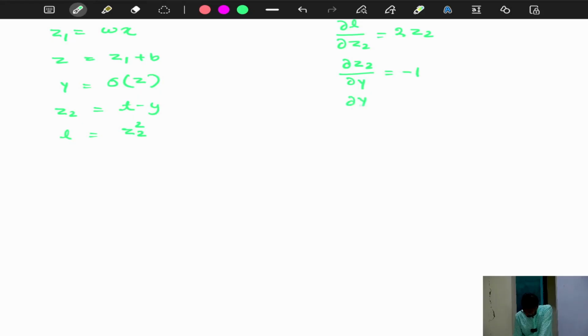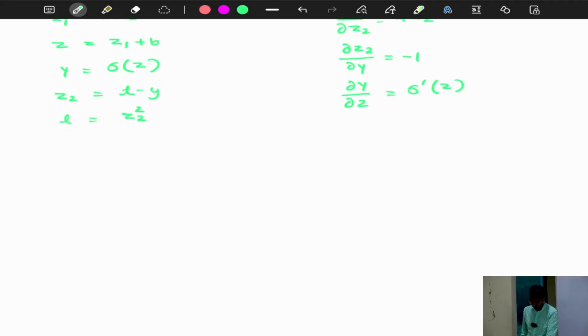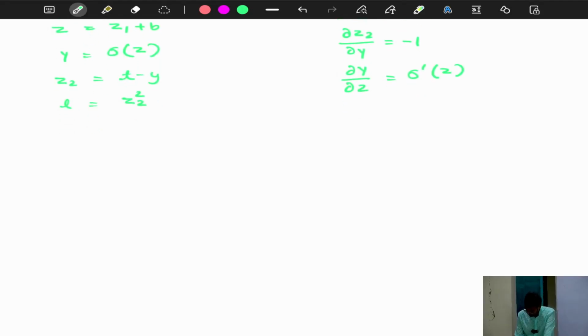Then I have del y by del z, sigma dash of z. Then I have del z by del z1, which is equal to 1, and del z by del b, these two will happen in the same step.